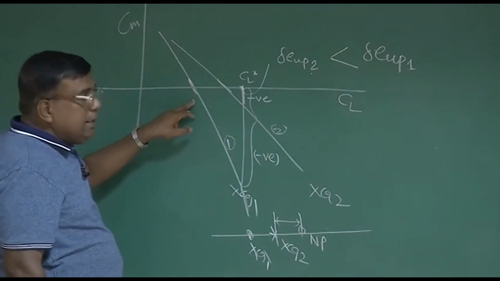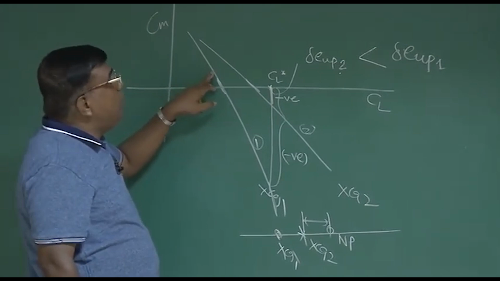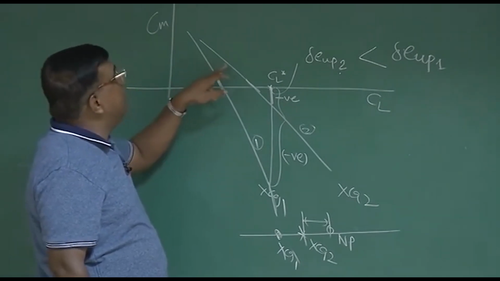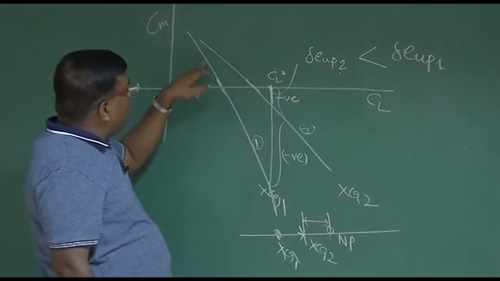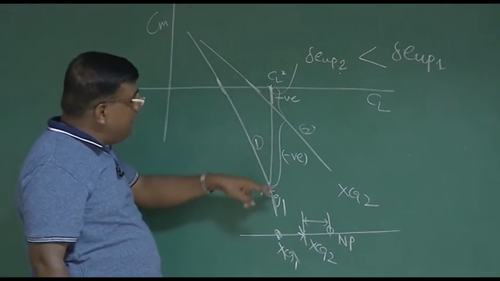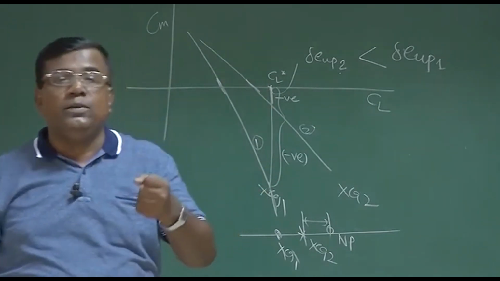If I see from the static stability point of view, please understand this concept. This aircraft has more static stability compared to this aircraft. That is why, because it has higher static stability, I need higher elevator deflection to change it from one equilibrium to another equilibrium.